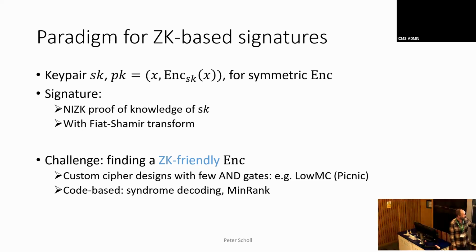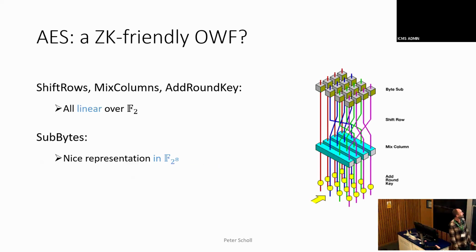There are code-based signatures, which use syndrome decoding-like assumptions. And we thought, why not try to use AES? AES was not designed for this purpose, but I think it turns out to be, in some cases, a really zero knowledge friendly symmetric cipher.